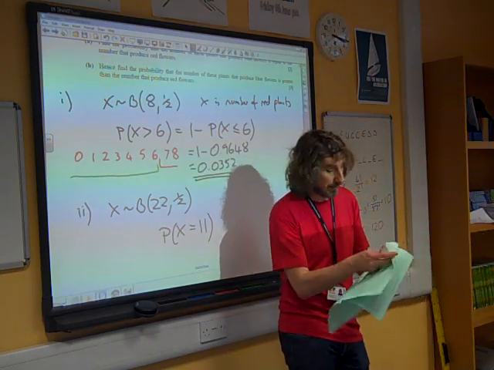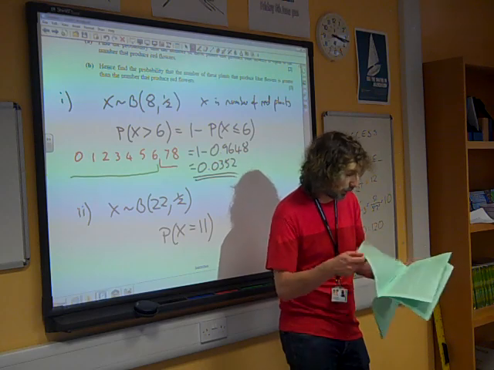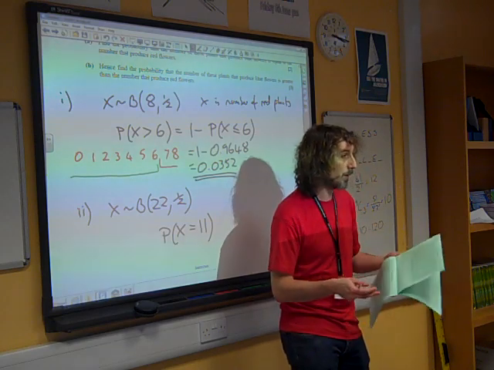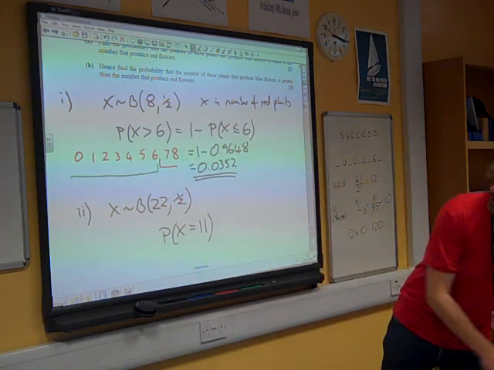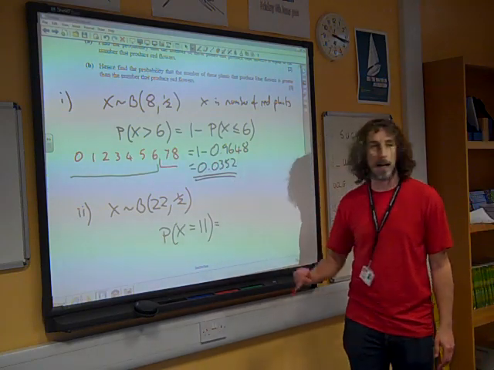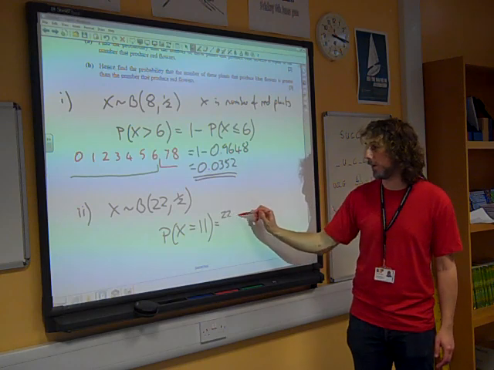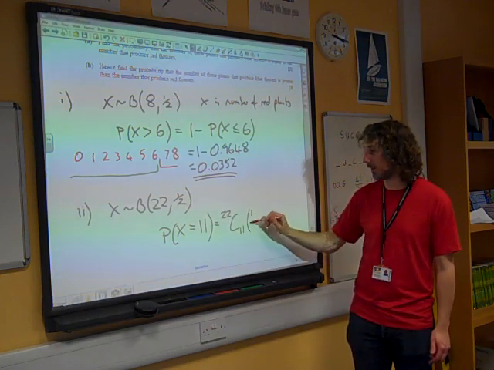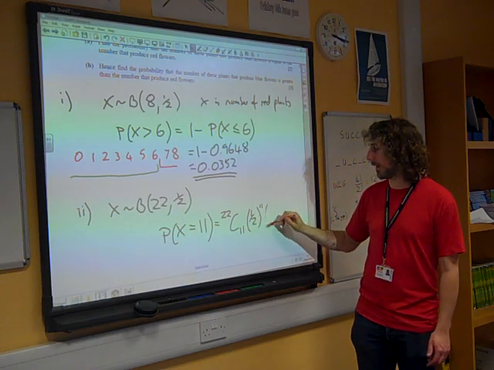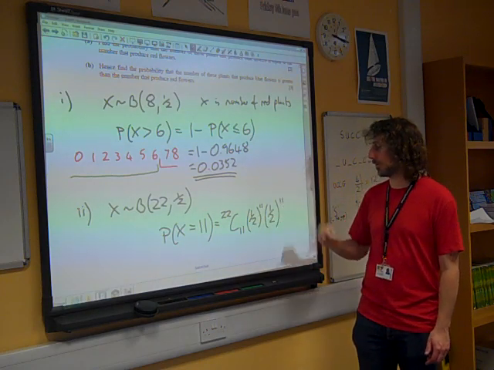Look in the formula booklet, we go through 16, 18, 20, it's promising, oh, 25. We haven't got a 22 table either, so we're back to using our formula again. So this is 22C11, that's 11 successes and 11 failures.